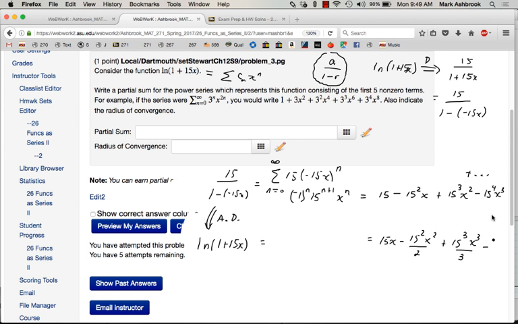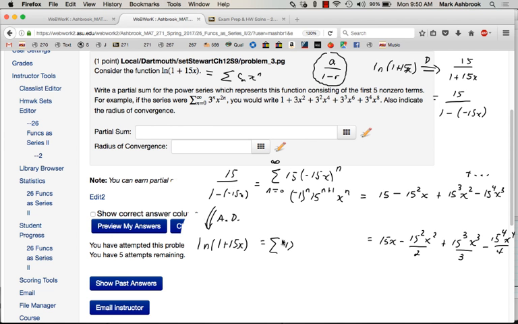One more, 15 to the fourth, x to the fourth over 4. All right, so provided we didn't make a mistake there, that needs to be the result of the summation form that we come up with.